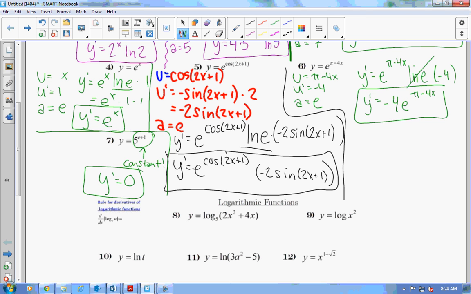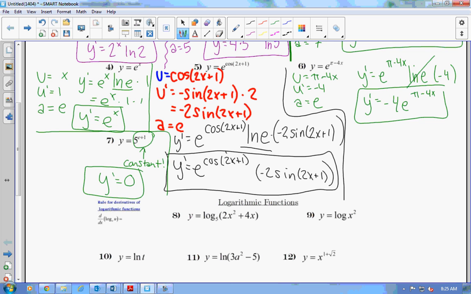So this rule, this derivative of a to the u, only applies when the exponent has the variable x in it. If e is a constant, pi is a constant. If the exponent is all constants as well, it's just 0. Okay, so watch out for that. Any questions before we move on to natural logs?